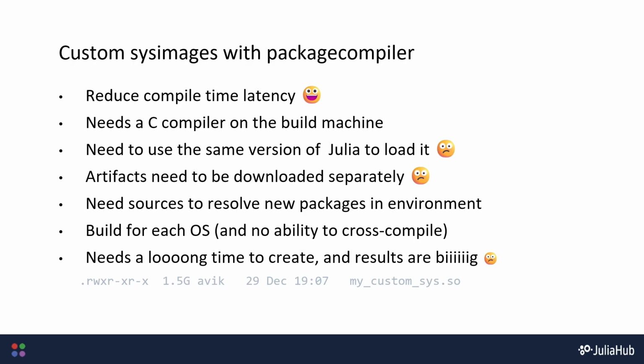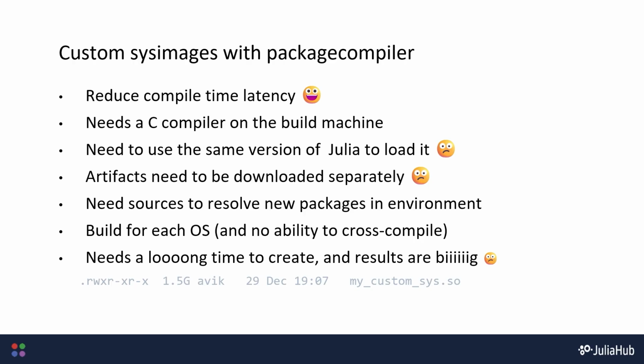You don't really need the sources, but given the sysimage, if you are trying to do any package operations, trying to add more packages on top of your sysimage, you will still need the sources for the packages that you build. So if you are creating a sysimage from proprietary code, and that sort of obfuscates your code a little bit, that works. But if you want your user to add a new package on top of your sysimage, you need to think about what you can do.